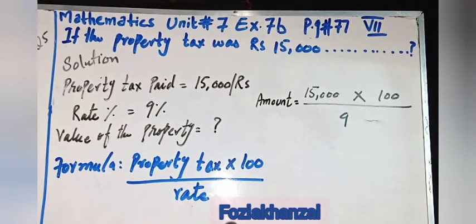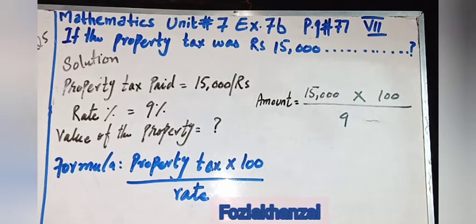Now apply the formula. The formula is property tax multiplied by 100 upon rate. Listen, in the previous sums we found the total, so we used 7% as the rate given, or the amount was given, so we used 7 upon 100.